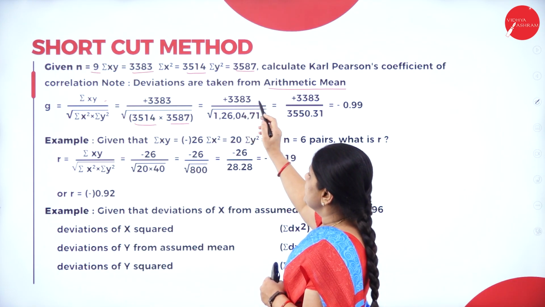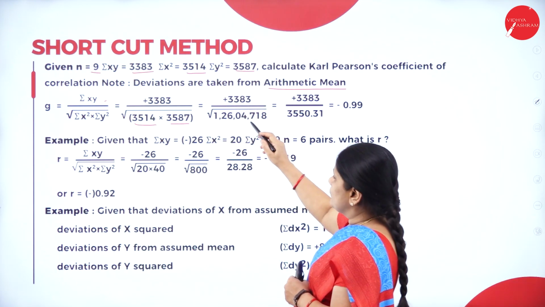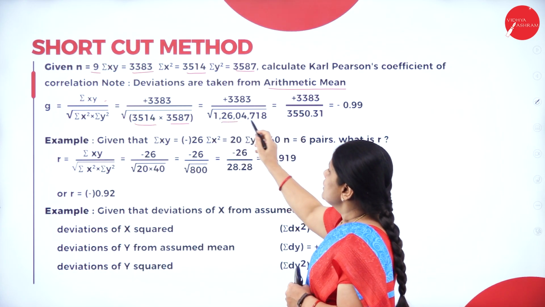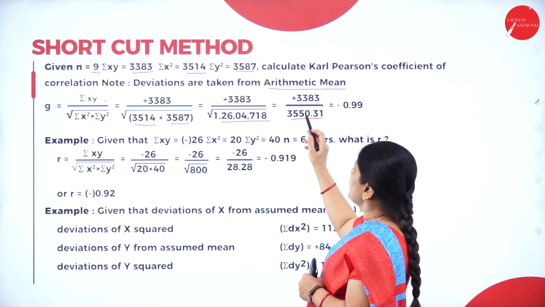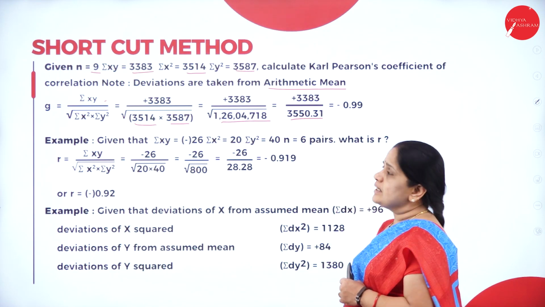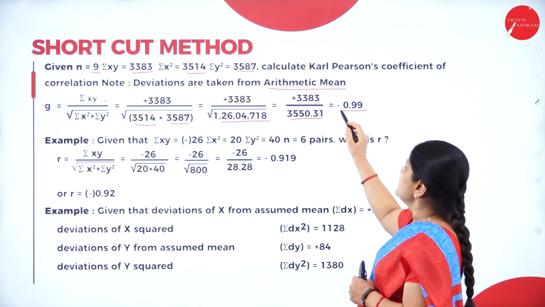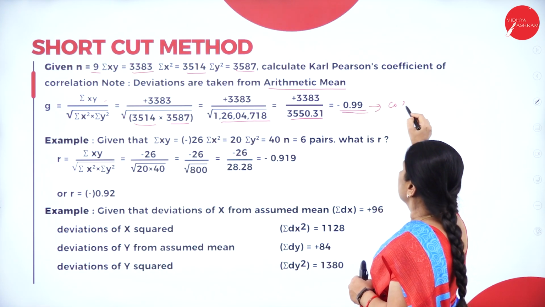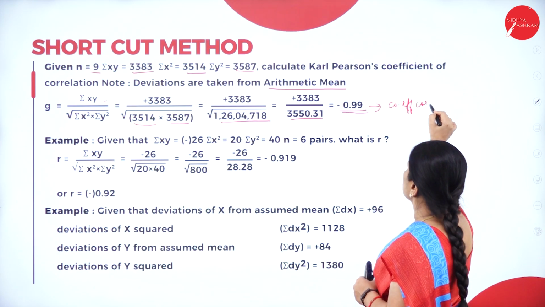So, 3383 divided by root of 1,26,04,718. The root of this is 3550.31. The answer is minus 0.99. So, this is the coefficient of correlation.